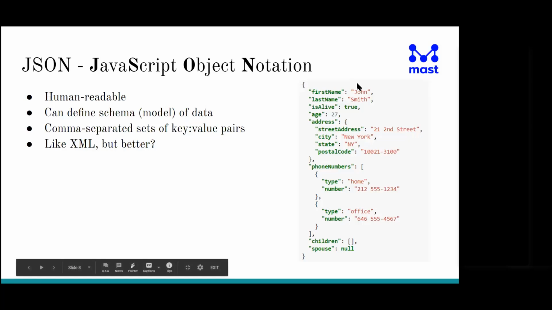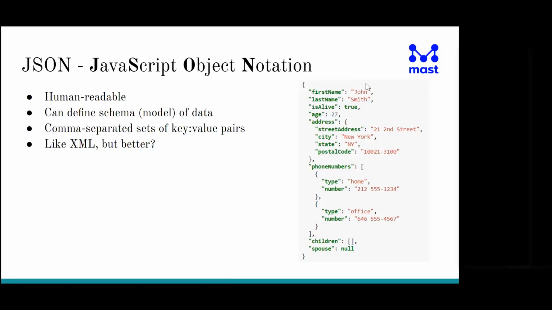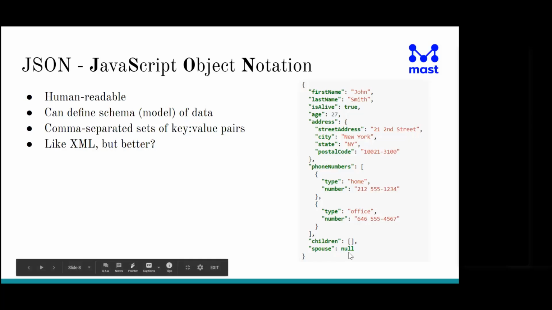So here we've got an example, and we could get rid of all of this white space here. Any of the line breaks, any of these spaces, are just for allowing ease of reading. It could just be a huge long string of all of these bits of information.